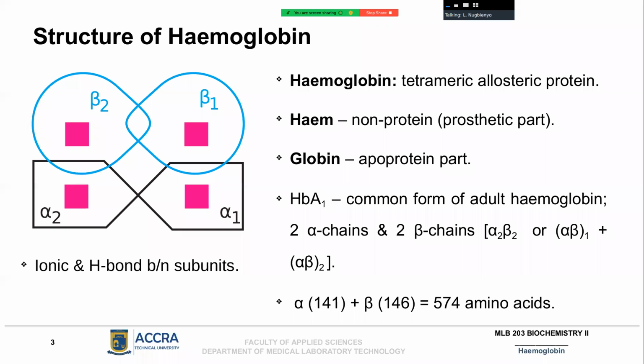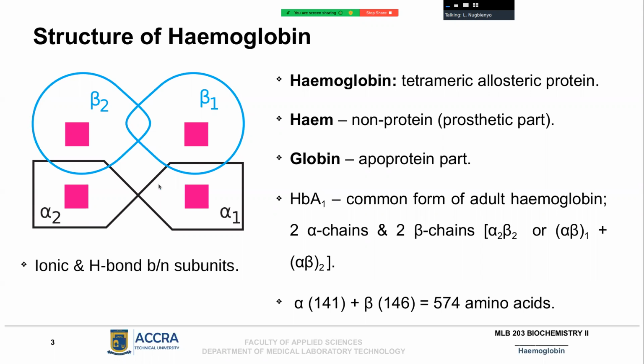So hemoglobin is referred to as a tetramer of proteins, or a tetrameric protein. What that means is that the structure of hemoglobin has 4 proteins that are bound together, acting as one unit.